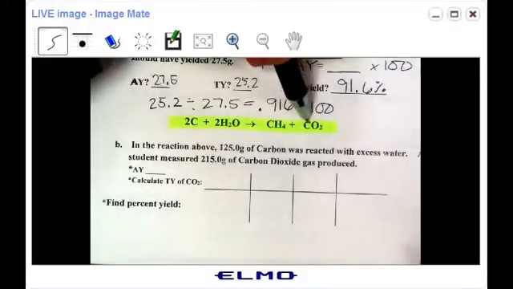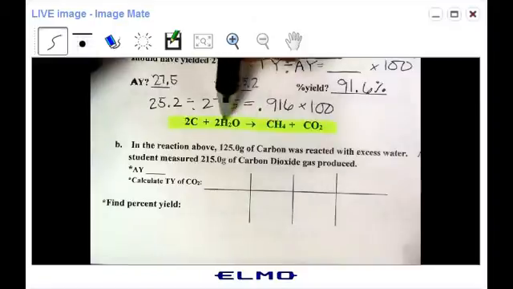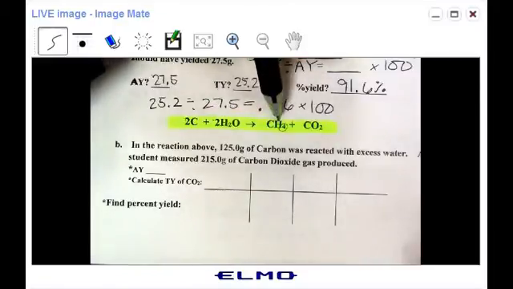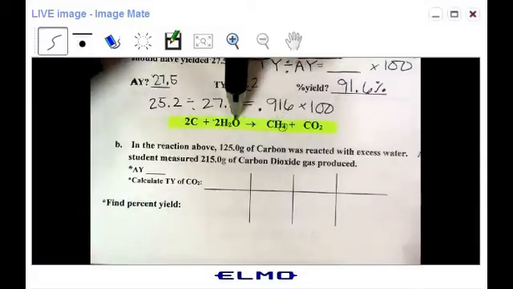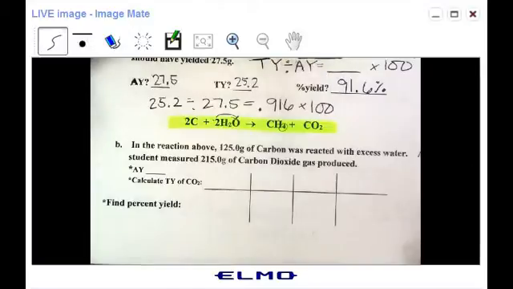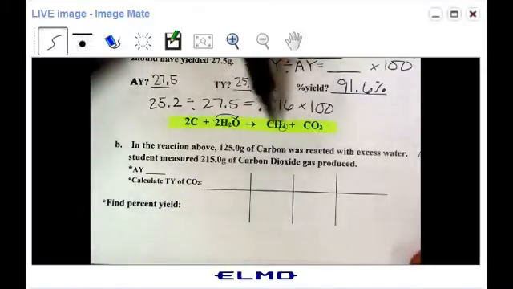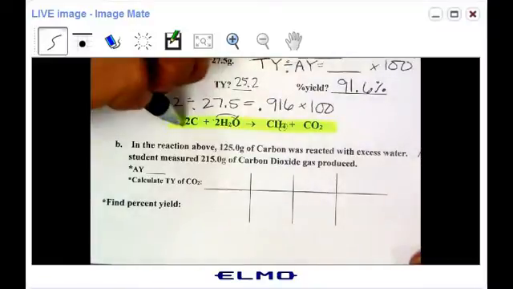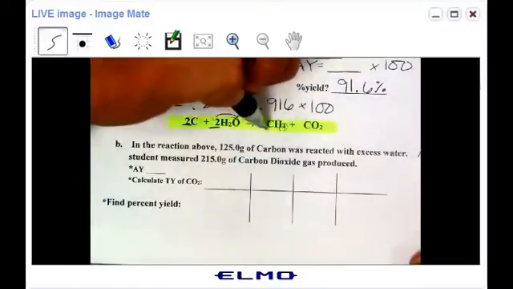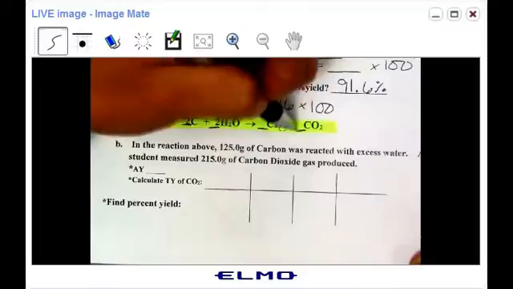So you have 2 carbons over here as well. I have 4 hydrogens. I have 4 hydrogens on this side. And I have 2 oxygens, because this 2 goes for this oxygen as well. Okay, so balancing means you're comparing both sides. So these coefficients are correct. You could just put a 1 here.